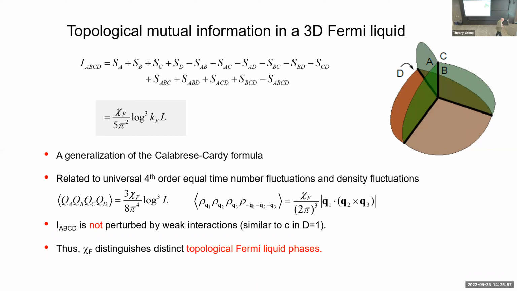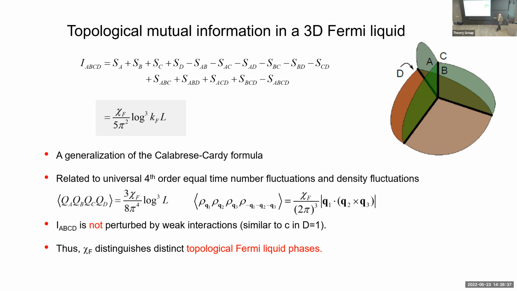Okay, so I'm sure there are plenty of technical obstacles for the experimentalist to do that. But that's good. That gives them something to do, right? Now of course this fourth order density response function is affected by interactions, but in the same way as in the 1D case, the mutual information, for which we get to do the replica theory, the interaction corrections vanish for the same reason that they did in one dimension.